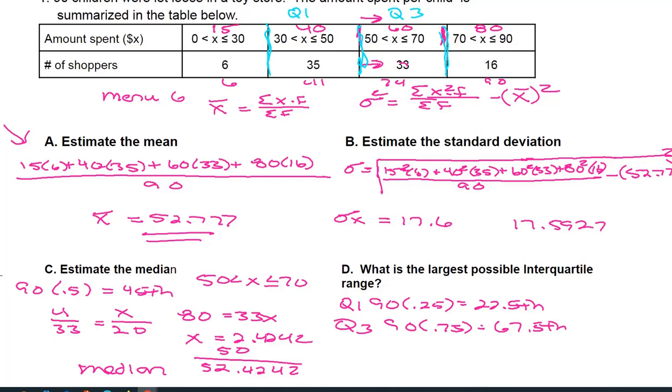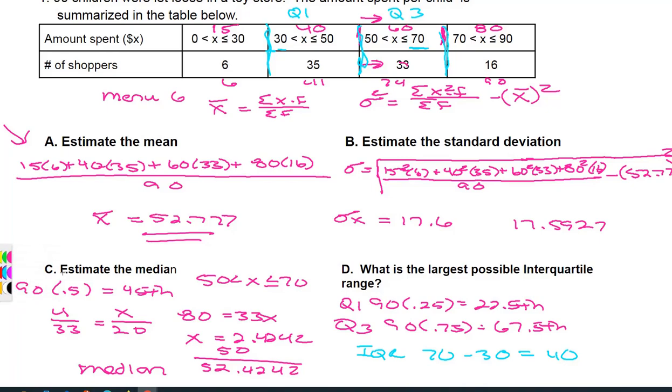So the largest possible one is if I pick the biggest possible Q3, which is 70, and then subtract the smallest possible Q1, which is 30, and we'll find out that the biggest possible IQR is going to be 40. All right, hope that makes sense.